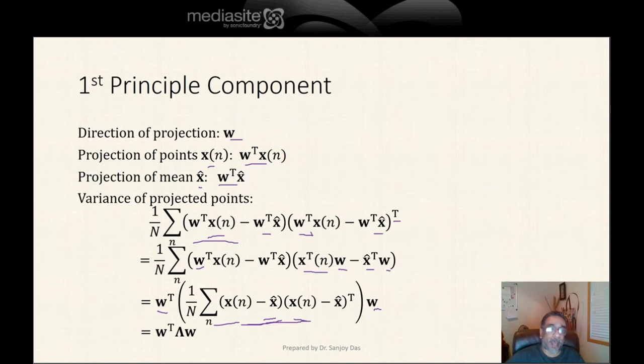Therefore, what we have is W transpose lambda W. In other words, the direction of the projection is W, and the variance of the projected points is W transpose lambda W. Our goal for principal component analysis is to maximize the variance. So we have to choose a W that maximizes this variance, W transpose lambda W.